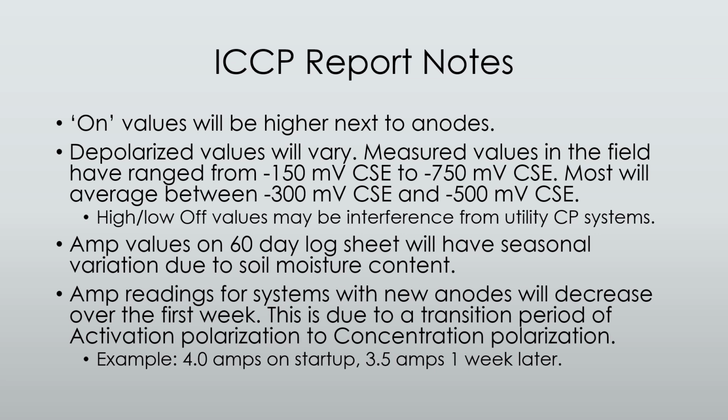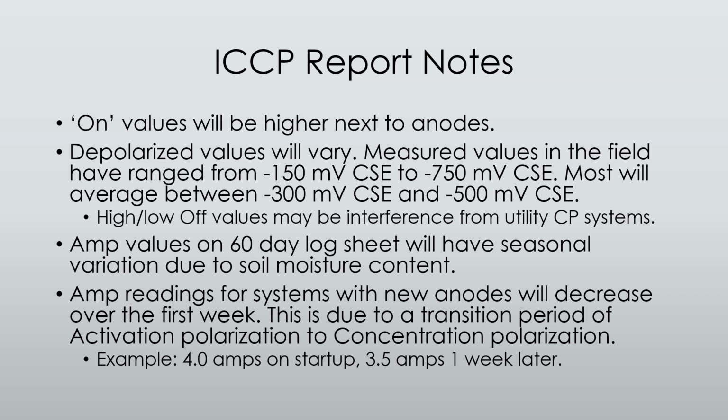Where we have a high off value, we could be receiving free CP on one end of the tank from another system, and it could be discharging. Then if you have low values on the other end of a tank, you might want to start looking a little harder, maybe call somebody in.